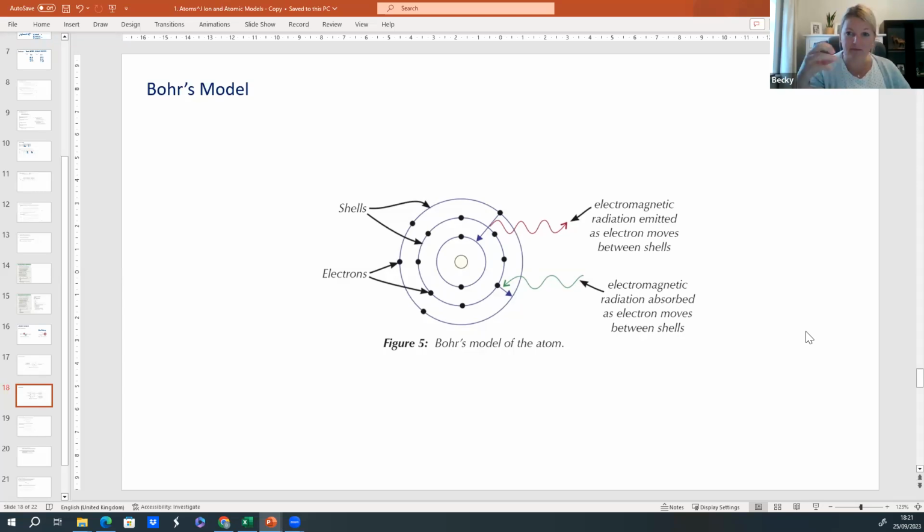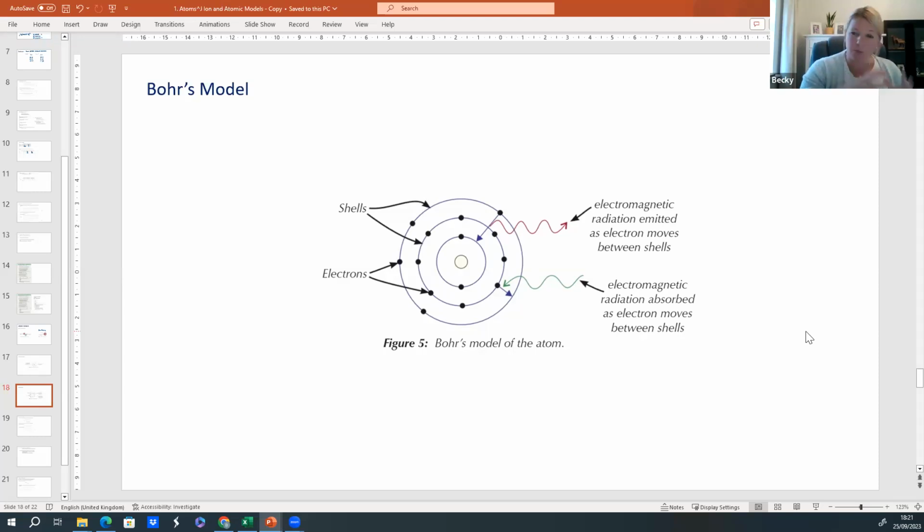Each shell had a fixed energy, and those electrons could move between the shells. If radiation is absorbed, they can jump up a level, and they can move back down a level and then emit that radiation.